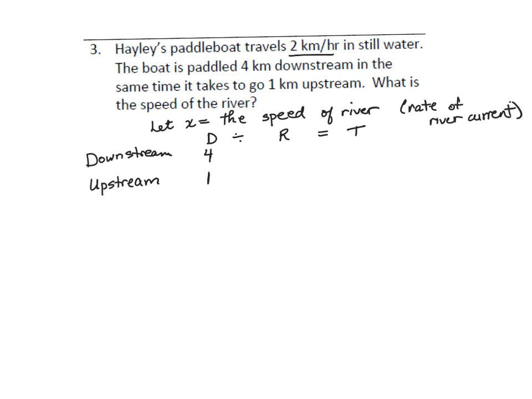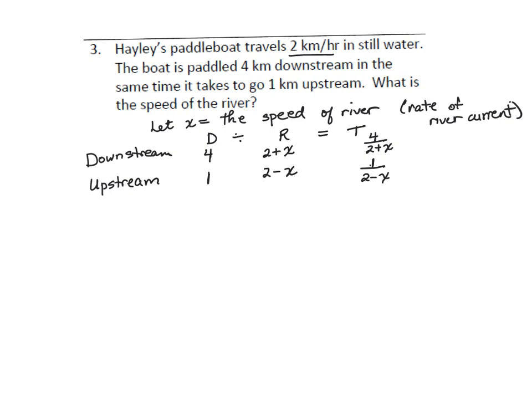So we could say the rate of the boat traveling with the current downstream would be 2 plus x, and the rate of the boat traveling upstream would be 2 minus x. So the times traveled would be just these fractions. Downstream is 4 over 2 plus x, and upstream is 1 over 2 minus x.